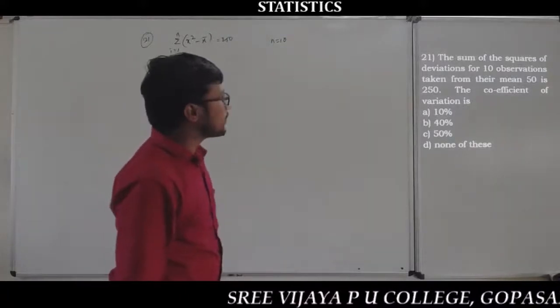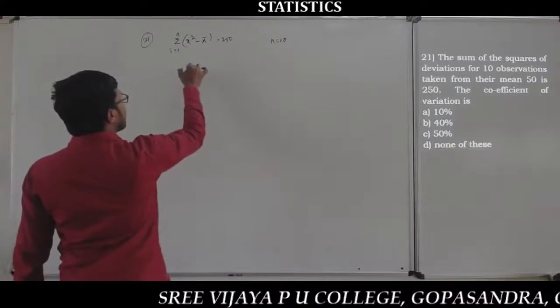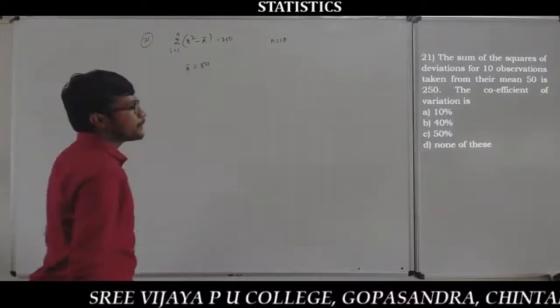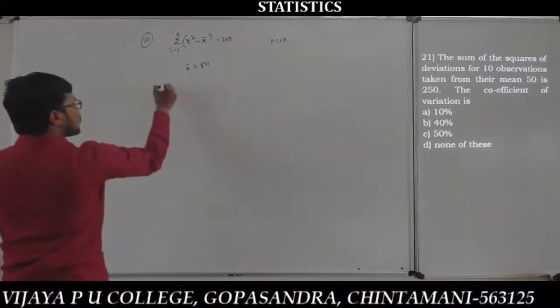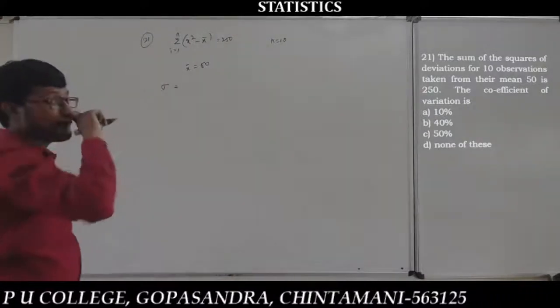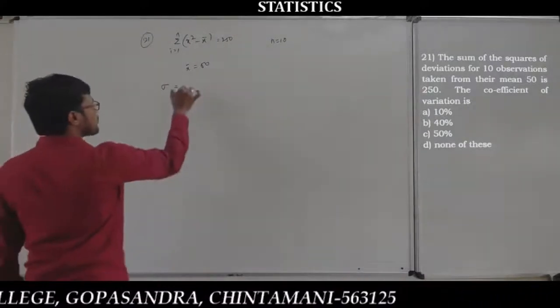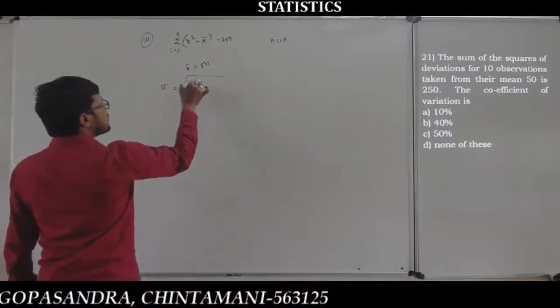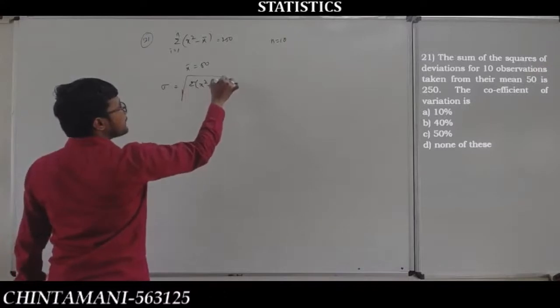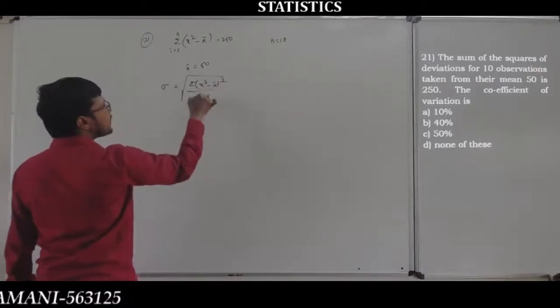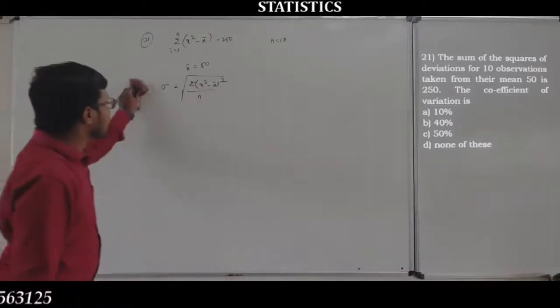Then from their mean, x bar equals 50. What can we find? We can find the coefficient of variation. First, what is the formula for sigma? Sigma is equal to the square root of summation of xi minus x bar whole square divided by n. You already know this formula, right?